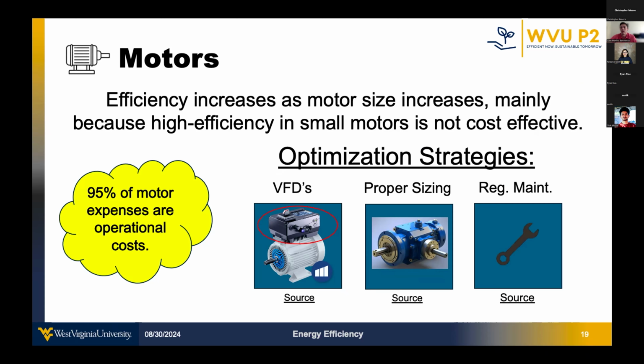Also, making sure that your motors are the right size is critical. Motors that are too large for the application often operate at lower load factors, leading to inefficiencies. Ensuring that the motors are correctly sized for their specific tasks helps avoid unnecessary energy use. And again, regular maintenance is essential to keep the motors running efficiently.